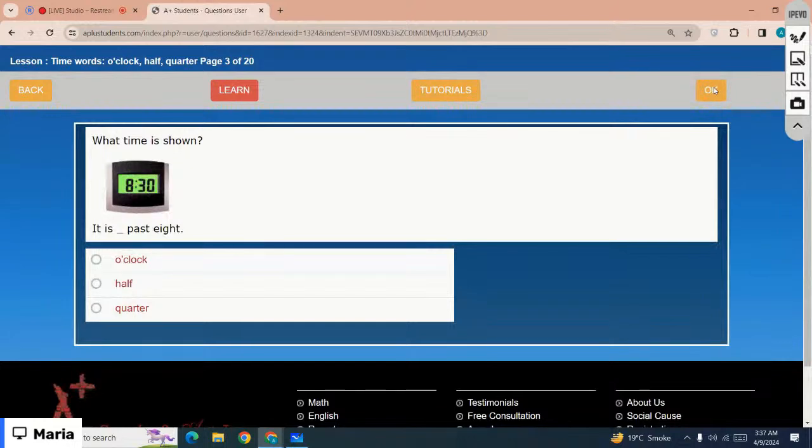The clock shows 8:30, right? So that means half past 8, because in 1 hour you have 60 minutes, and 30 minutes means you have half hour. So you can say half past 8. The correct option is half past 8. 30 minutes represents half past, 15 minutes represents quarter past.